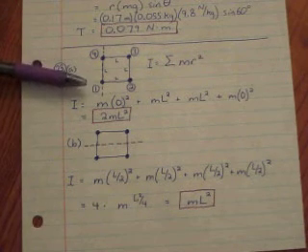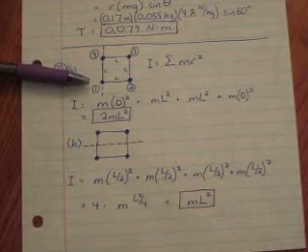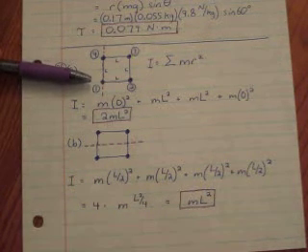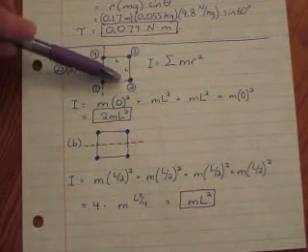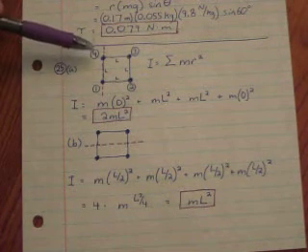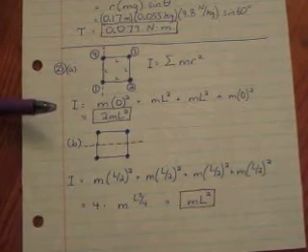So the moment of inertia, if we take each individual m times r squared, for point 1, it's m times 0 squared, because r is the distance from the axis, plus for point 2, ml squared, for point 3, ml squared, for point 4, m times 0 squared. So you add up these terms and you get 2 ml squared.